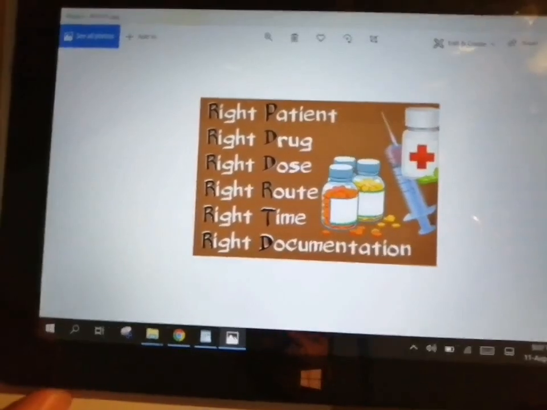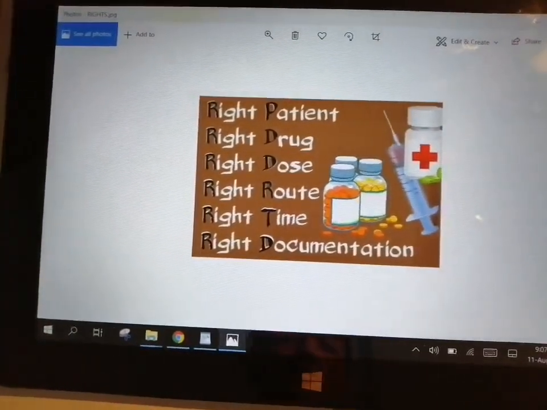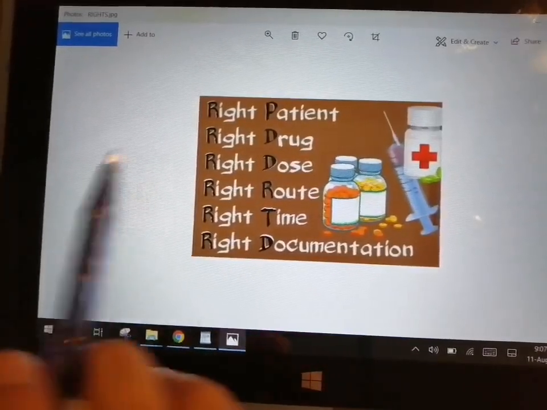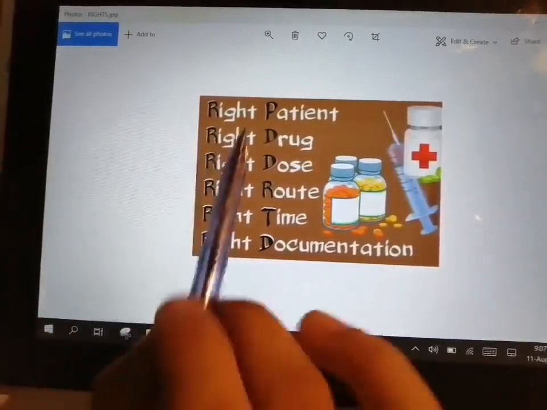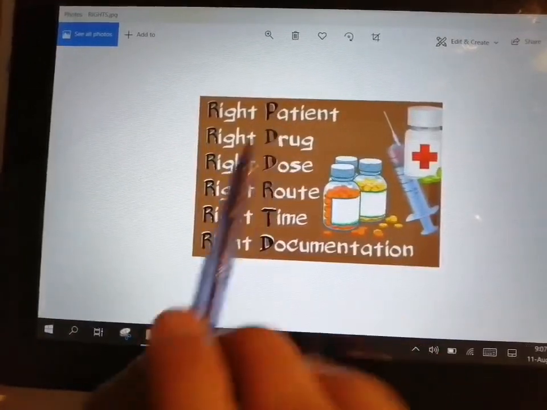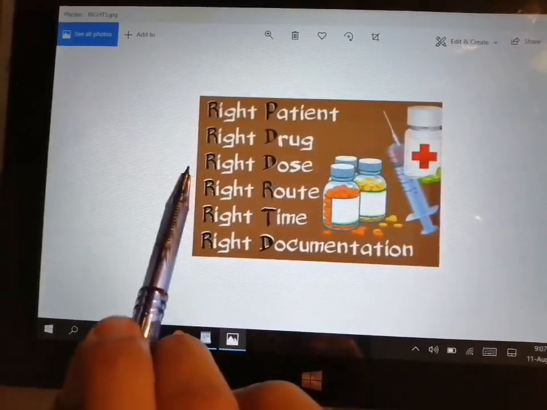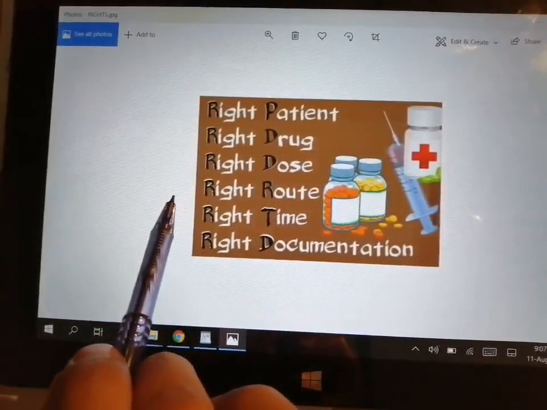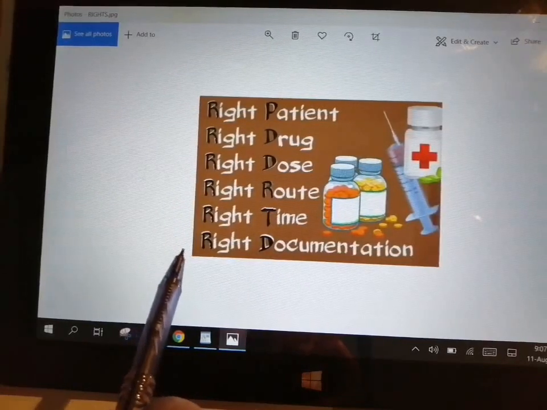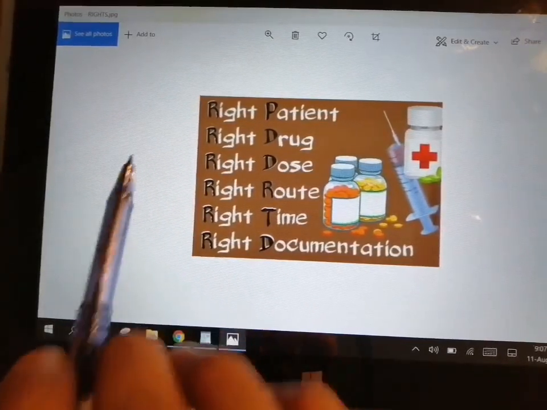So it is the right of every patient who is admitted with you that while administering the drug, you see that it is the right patient, right drug, right dose, right route, right time, and the right documentation. These are the 6 rights.